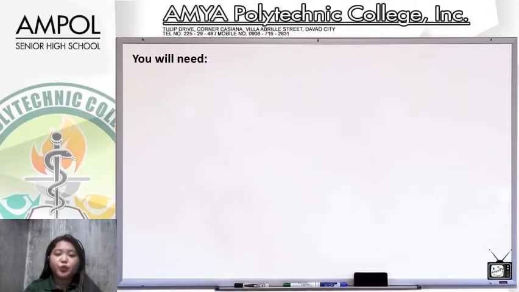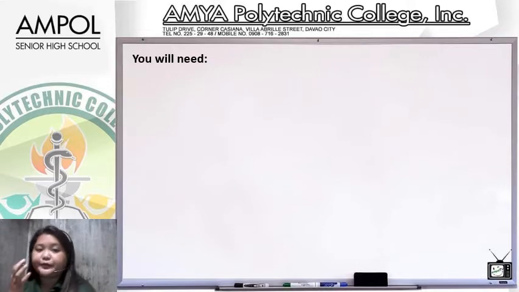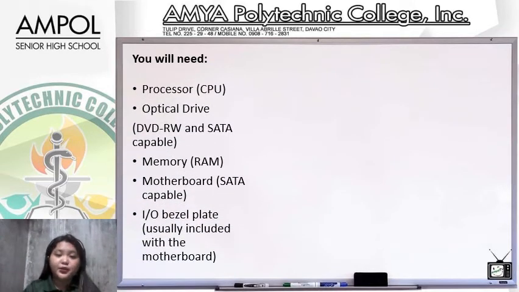So you will need the processor or the CPU, the optical drive, DVD-RW and SATA capable, memory RAM, motherboard or SATA capable, I/O bezel plate, which are usually included with the motherboard.